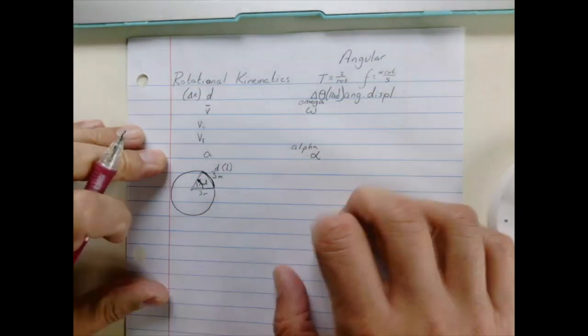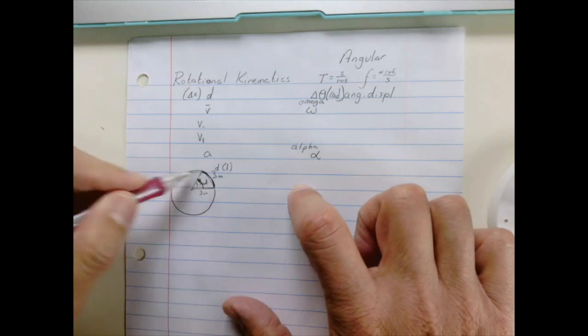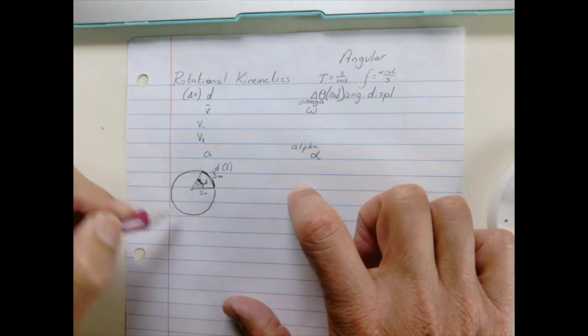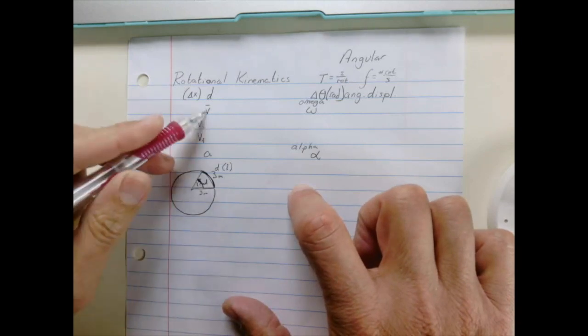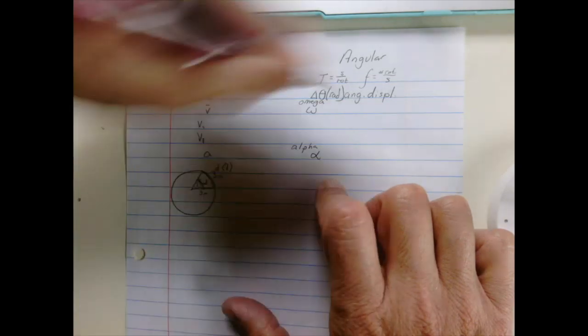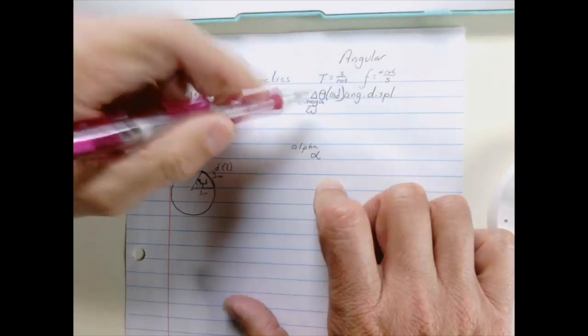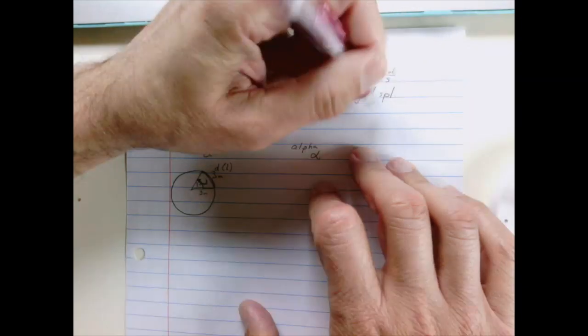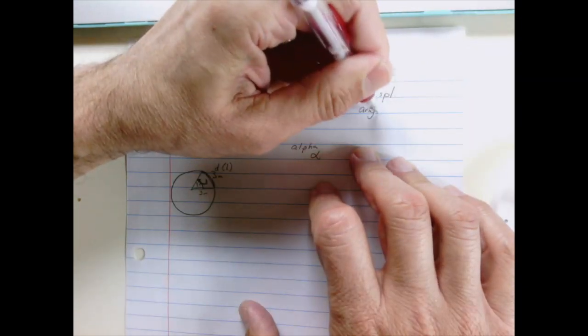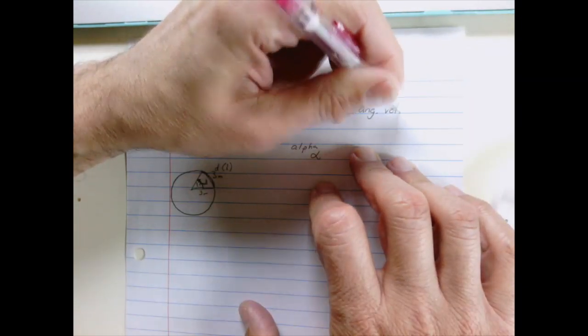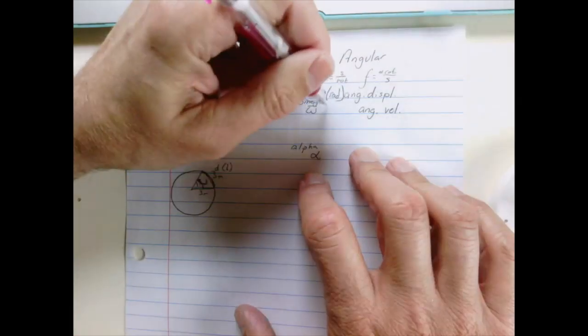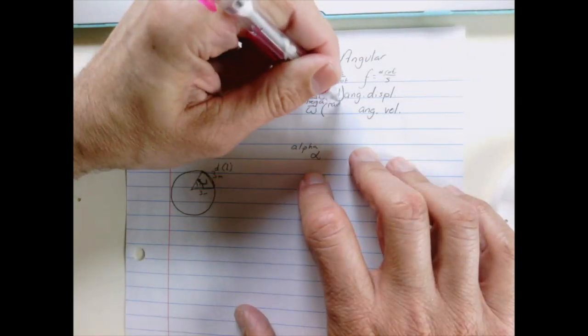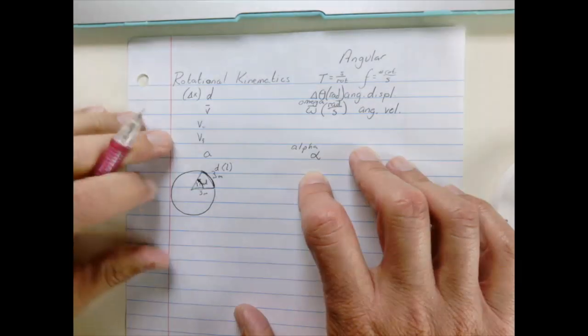Then we say, this thing is going around, and it's going so many meters per second linearly. Well, we have an equivalent of that called omega, the angular velocity. We measure that in, instead of meters per second, radians per second.